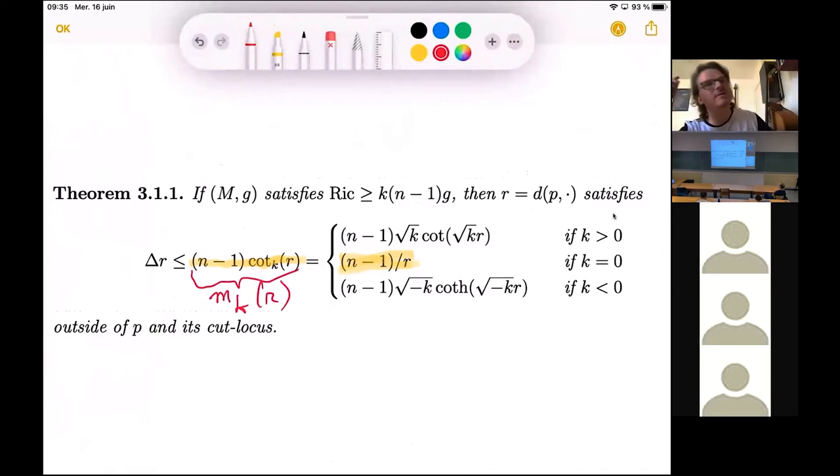A geometric way to see it is that it is the mean curvature of a radius r sphere in a space form of constant curvature k. Okay?